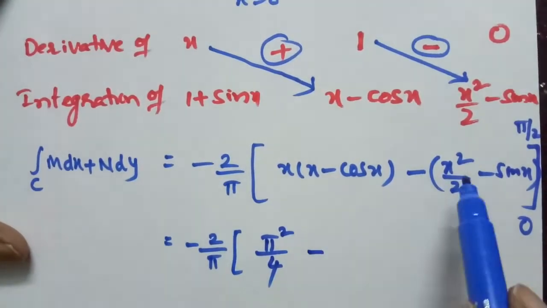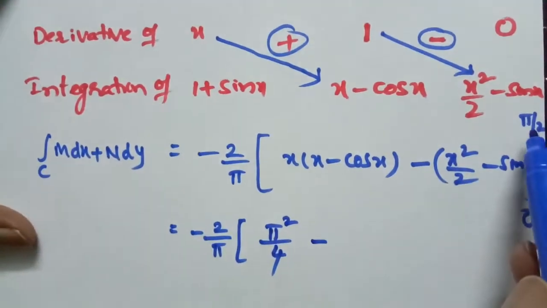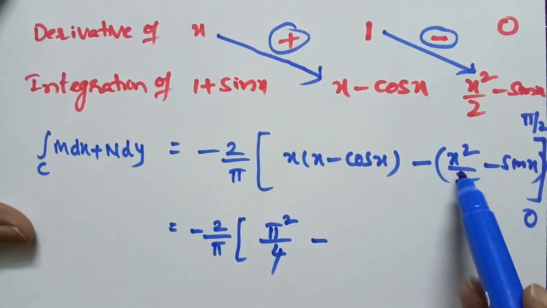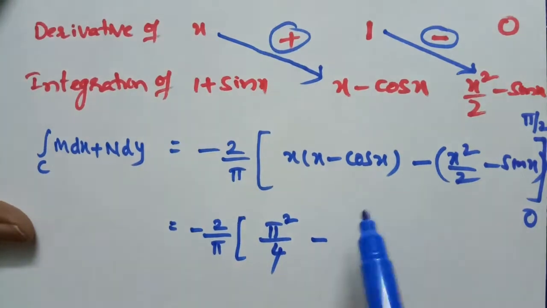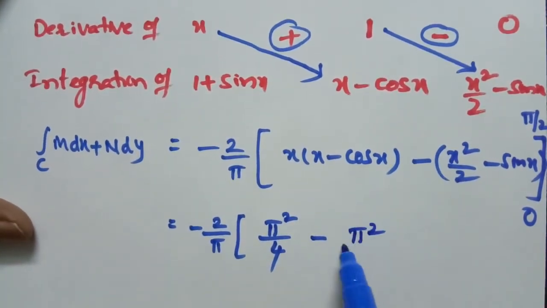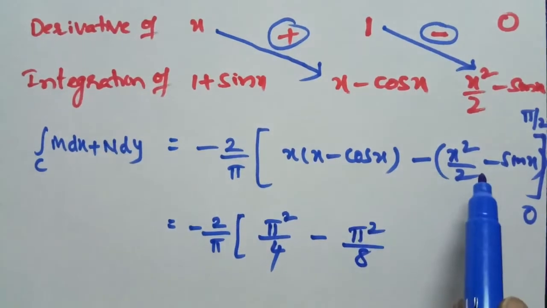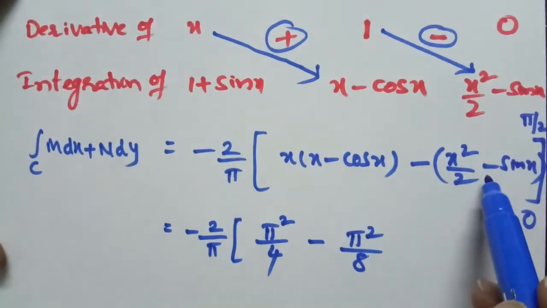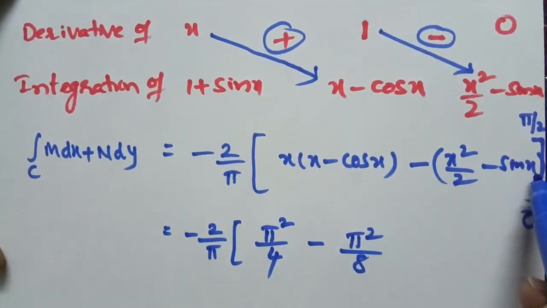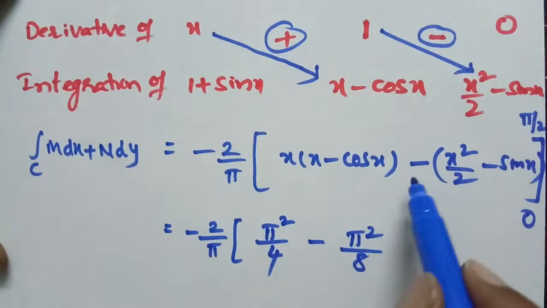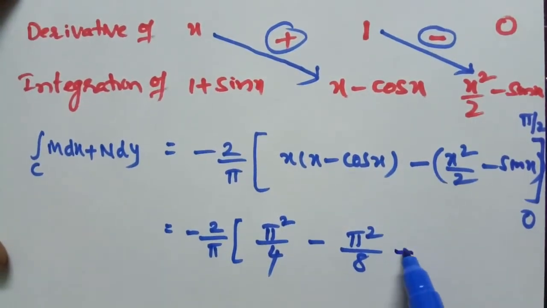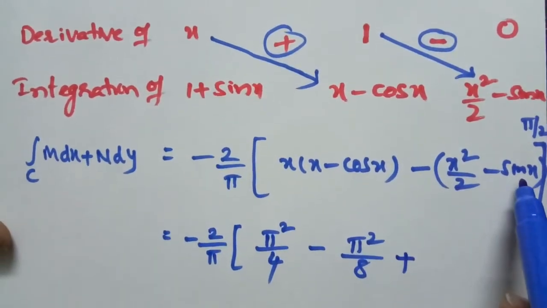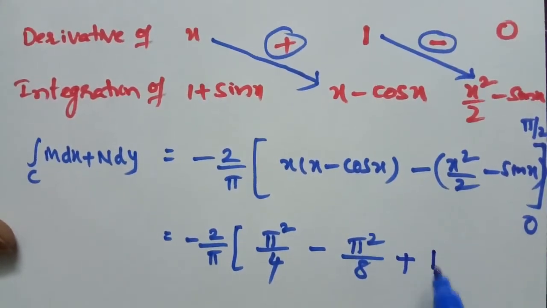Minus, upper limit pi square by 4 into 1 by 2, that is pi square by 8, minus sin 90, which is 1, and sin 0, which is 0. Upper limit sin pi by 2, lower limit sin 0, therefore minus of minus plus sin 90 value 1, sin 0 value 0.